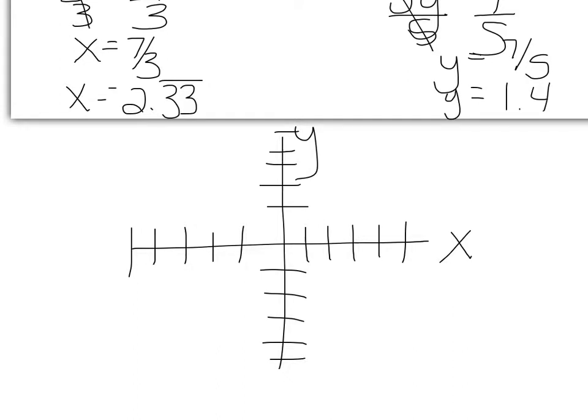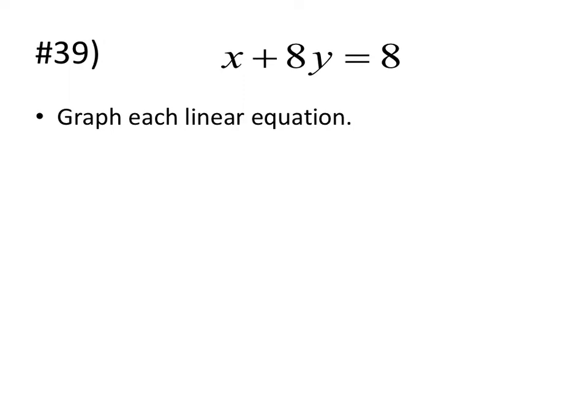Okay, so x equals 2.333 is going to be about right here, and 1.4 is going to be about here. There you go, connect your dots, and you're good. A line, which is nice.